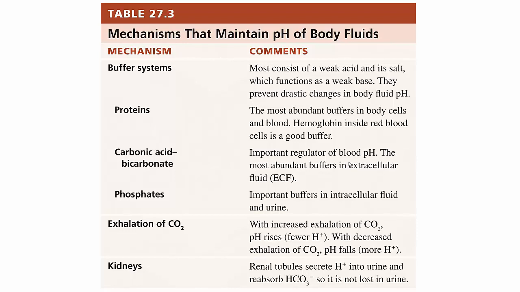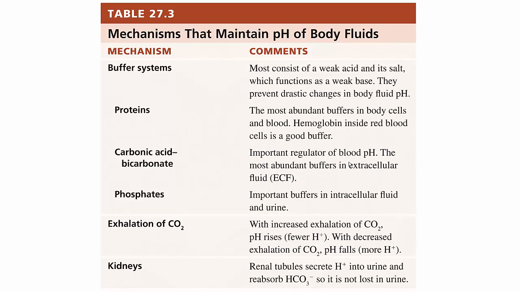The next buffer system is the phosphate buffer system. The phosphates are an important intracellular buffer system. This system acts similarly to the next one we'll talk about, which is the carbonic acid bicarbonate buffer system. What it uses, guys, is a dihydrogen phosphate and a monohydrogen phosphate. These are the ions used in this system, and they act as a weak acid.